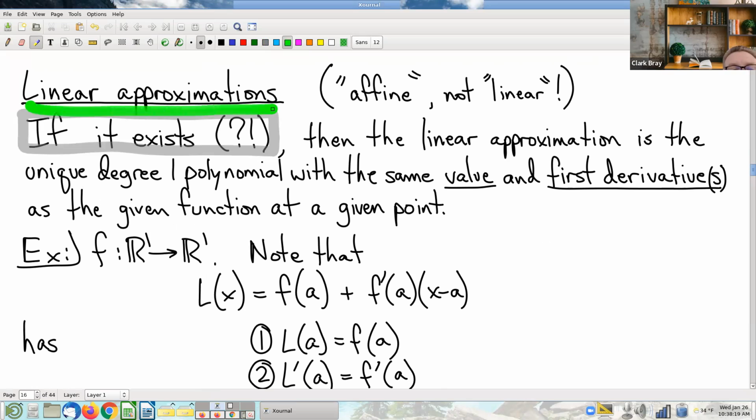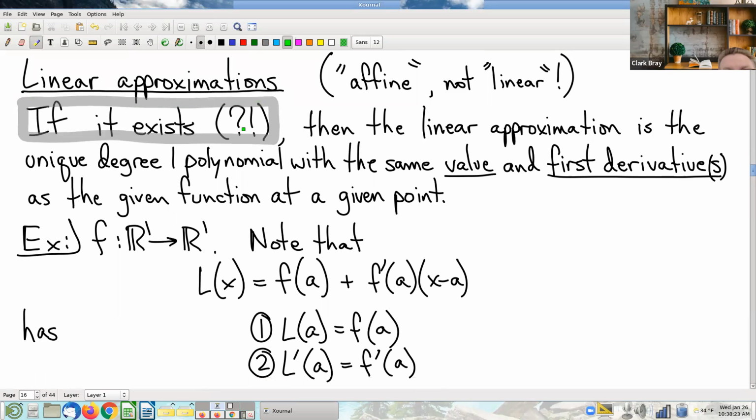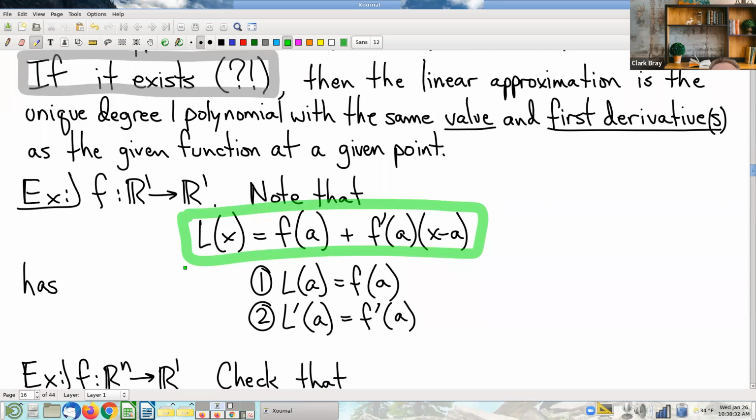You all remember linear approximations from single variable calculus, and there it is. Familiar, right? Everybody's seen that before? Okay. Why is that the linear approximation? There are different ways to think about this.